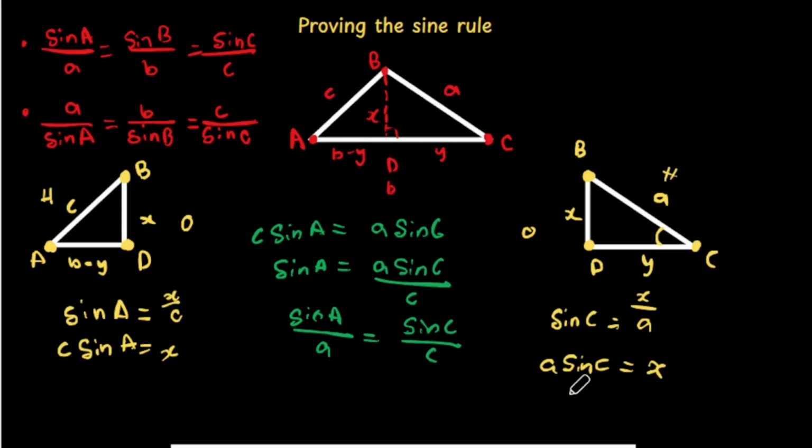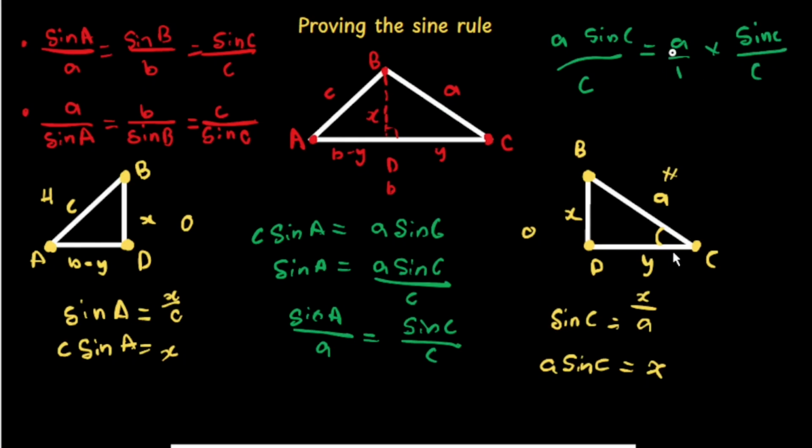Now, the way in which I did this can be further explained by what I'm about to do here. Let's look at this part of this equation a bit more, right? So A sine C all over C is actually equal to A over 1 times sine C all over C, right?